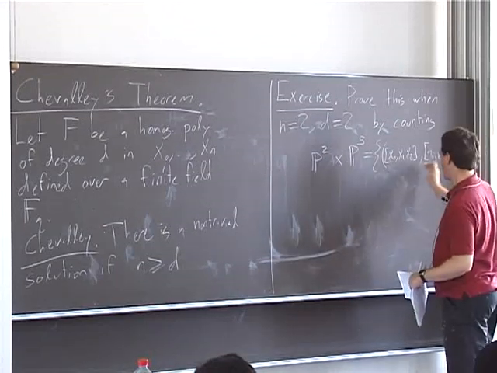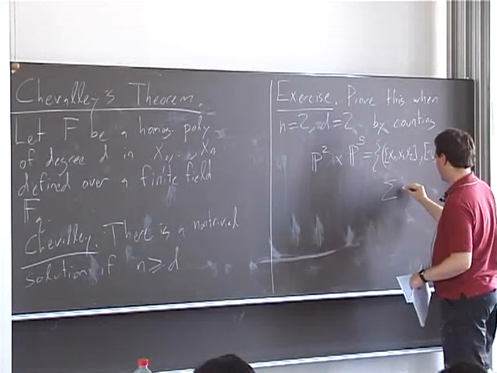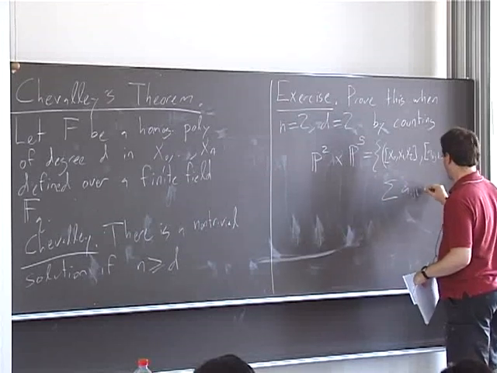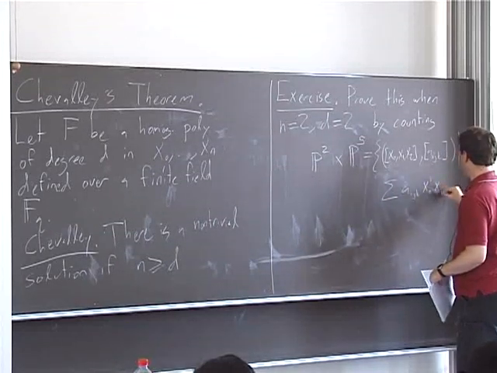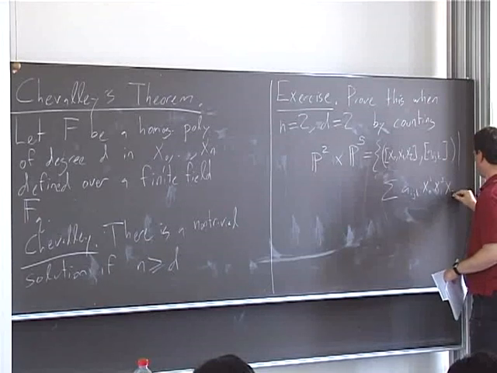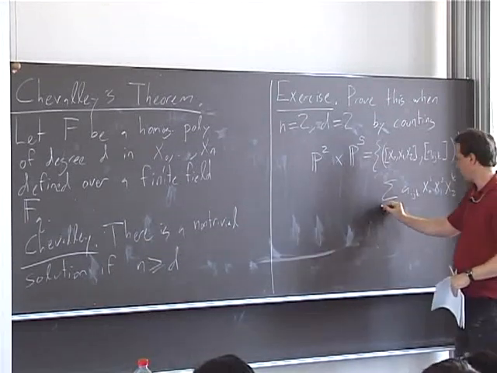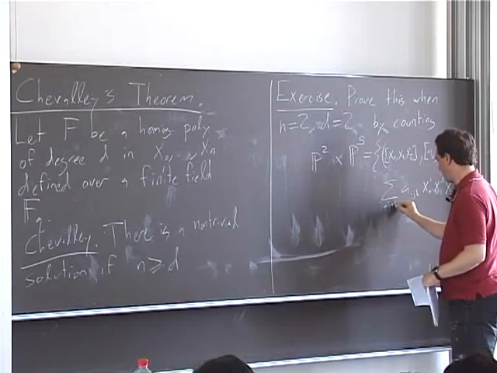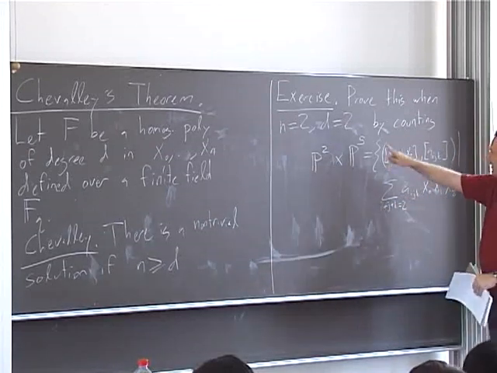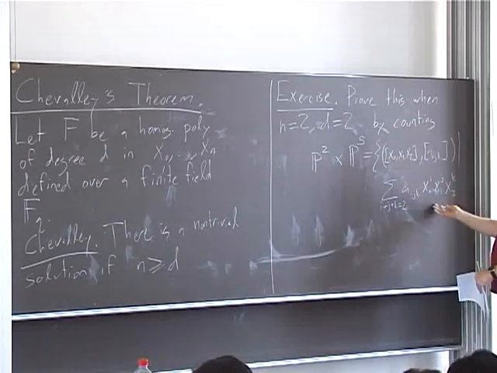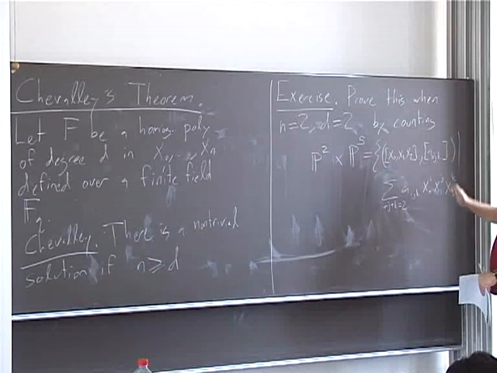So what do I mean by this? We can consider a_ijk, the coefficient of x0 to the i, x1 to the j, x2 to the k, where i plus j plus k equals 2, since I'm looking at a degree 2 polynomial here. To specify this polynomial, it's equivalent to give the coefficients.